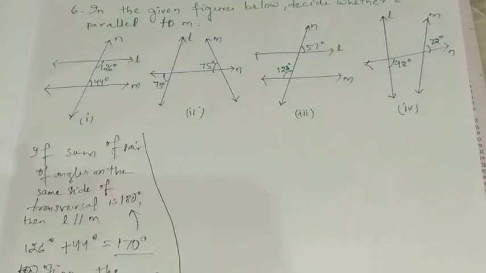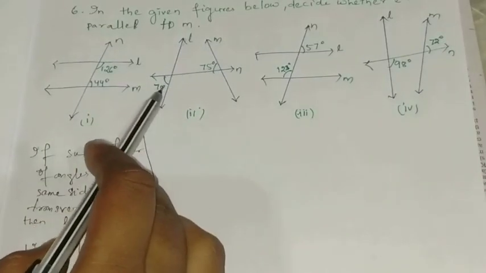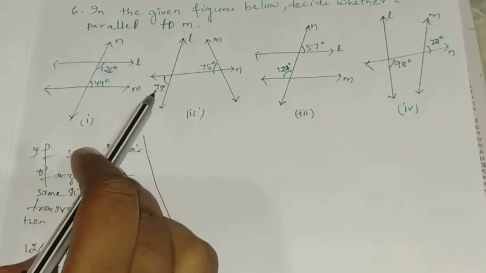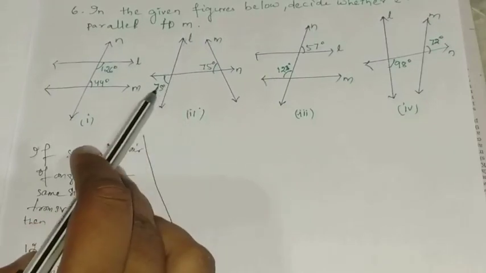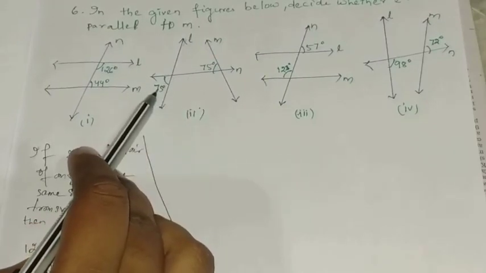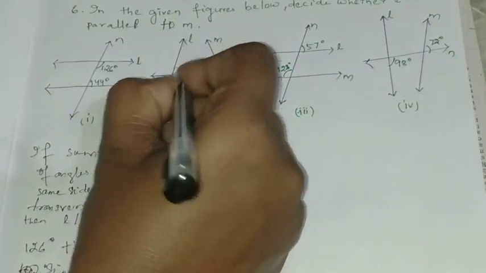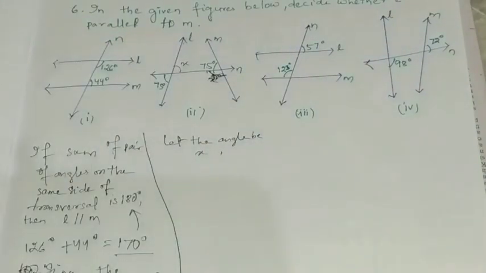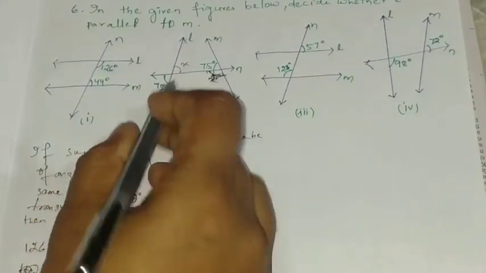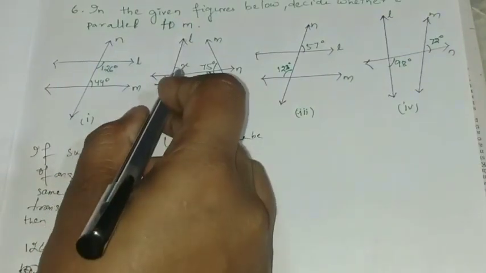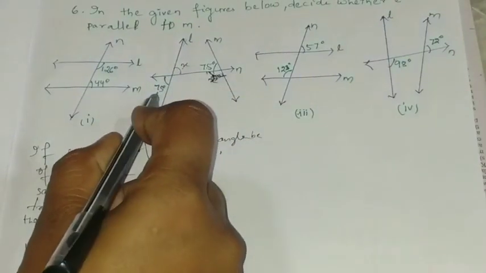So what is given? Here two angles are given. This one is 75, this one is 75. So let's find out. Let this angle be x. This is vertically opposite to this angle.